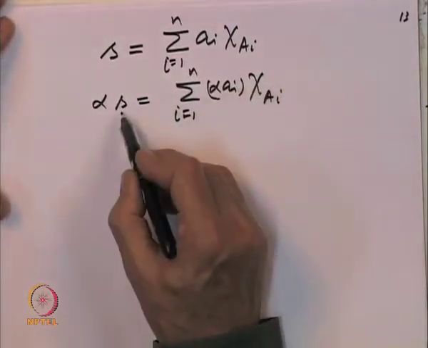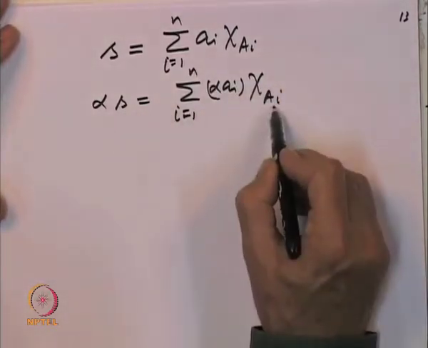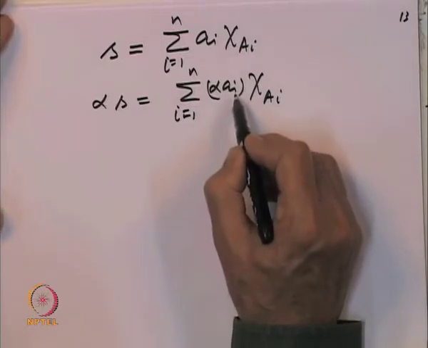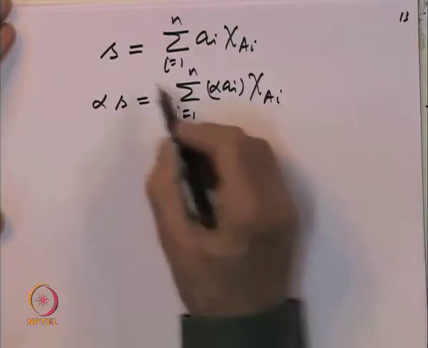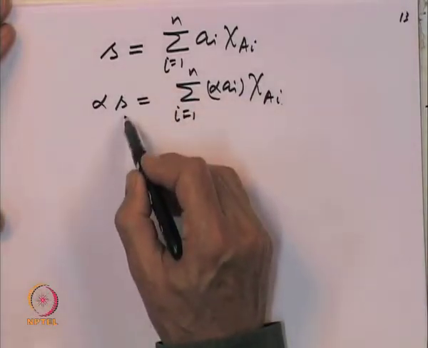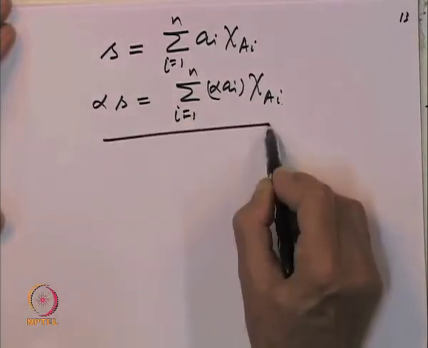So, alpha s is again a simple function; only its values have changed, but the sets on which these values are taken remain the same. So, clearly if s is measurable, then alpha s is also a measurable function.